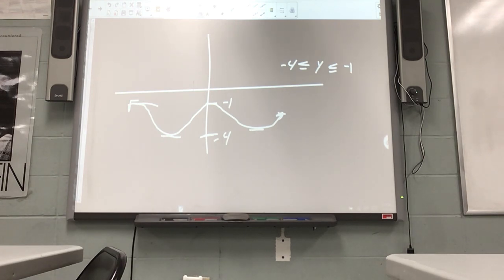Alright, on number 2, it asks you to check which relations represent a function. It says check all that apply, so there could be more than one. The first thing I did was mark out the second one. It can't be a function, because if you did that vertical line test that we just talked about, if I drew a vertical line, it would touch it twice, so it would fail.